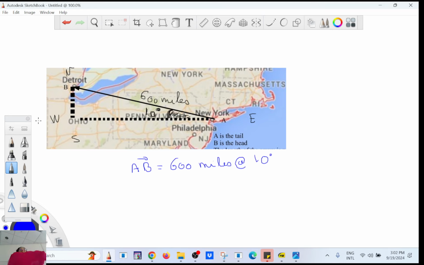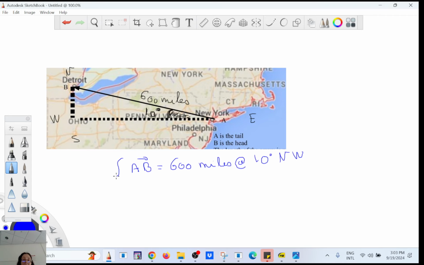You go west, but it's north of west, right? Exactly. So military people will use this notation, which means you start from west, and you go north. So north of west. This is not the physics notation, but I will get back to this. But at least you have your vector.